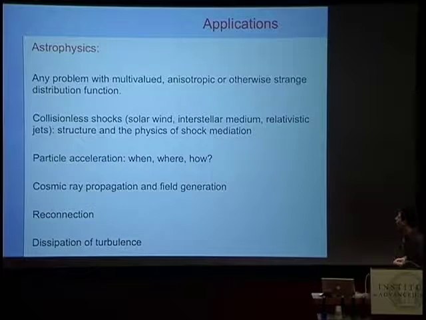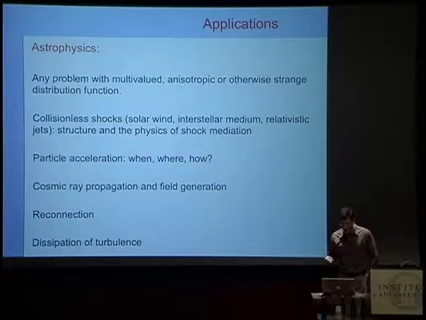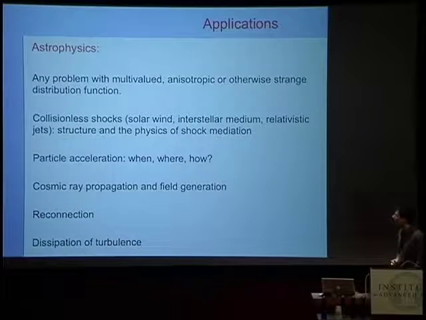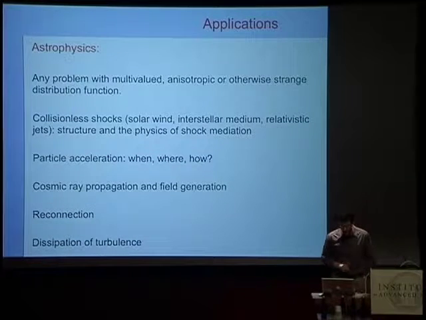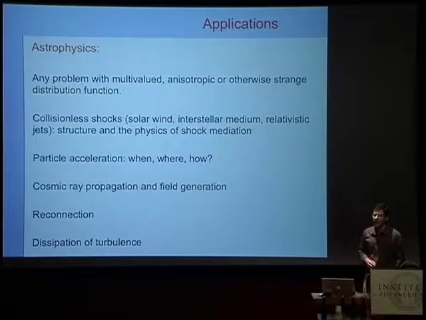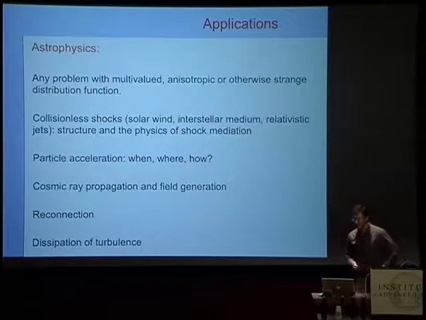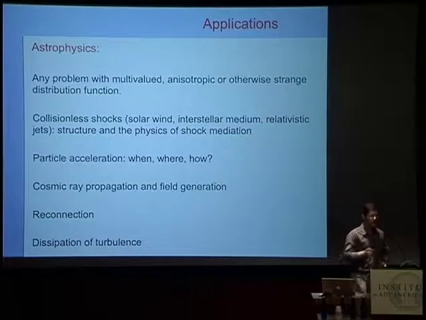So what are typical environments where we encounter plasma physical issues that need to be addressed with this type of simulations? Basically, it's in any problem where you have a non-trivial distribution function. What I mean by that is if your distribution function is multi-valued, that means that in a given point in space, you don't have just a single velocity.